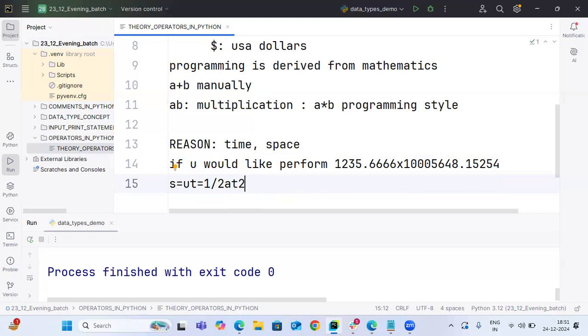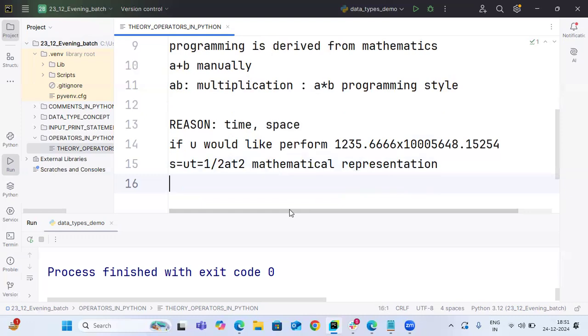According to your perception, everybody knows programming here. Prashant and Nitesh, I think you know programming, right? Yes, sir. This is the mathematical representation. Quickly, can you tell me how you represent it in programmatic form? Will you write directly like that? It doesn't work. Tell me how you change this syntax of this expression into the programmatic way.